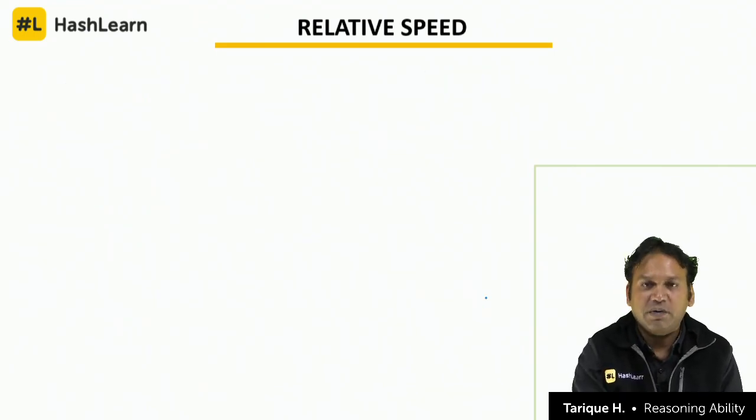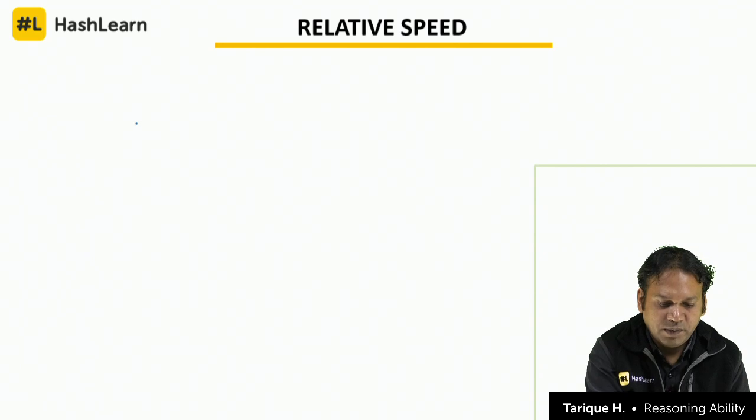Now let us take one scenario here just to understand. Let us say that A and B are two objects, and the distance between A and B is 40 kilometers.